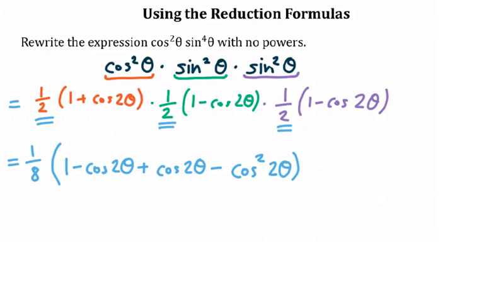So just to recap, I'm taking this red parentheses and FOILing it with this green parentheses. So 1 times 1, 1 times negative cosine 2 theta, cosine 2 theta times 1, cosine 2 theta times negative cosine 2 theta. So just make sure you agree with those terms there. And then I'm going to leave the purple parentheses alone for now.